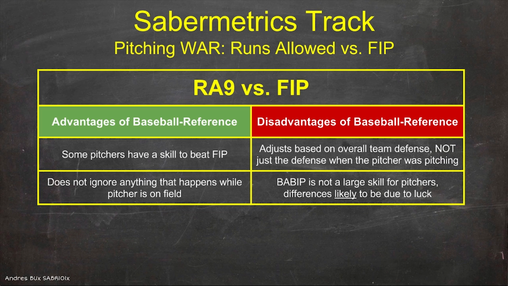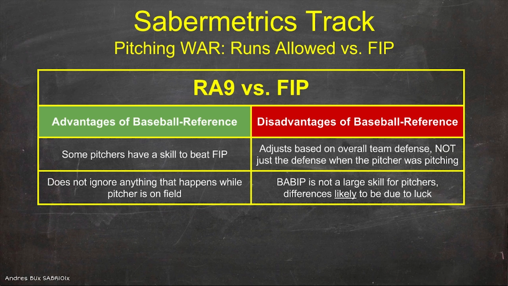There are other components to pitching than just getting strikeouts and not allowing walks and not allowing hard contact. So FIP doesn't measure everything that we would call a pitcher's skill. Baseball Reference does. Baseball Reference doesn't ignore anything at all that happens on the field.